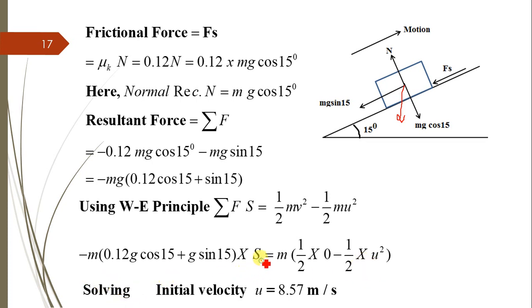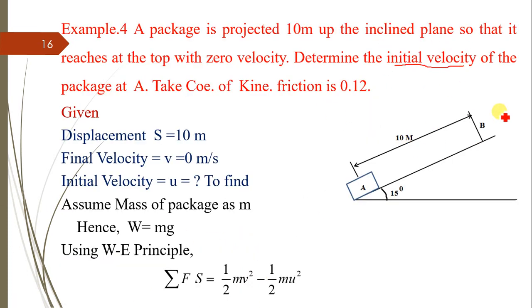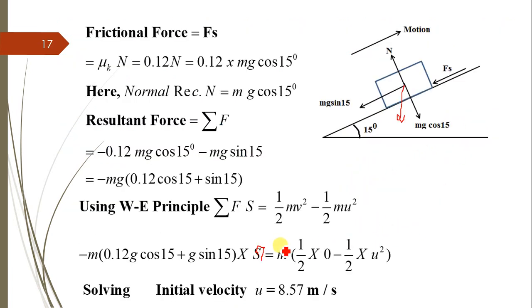The value of s, the displacement, is given in the problem as 10 meter. So substituting s as 10, the unknown is only u, as m is on both sides and gets cancelled. Solving this, finally we get the initial velocity u as 8.57 meter per second.